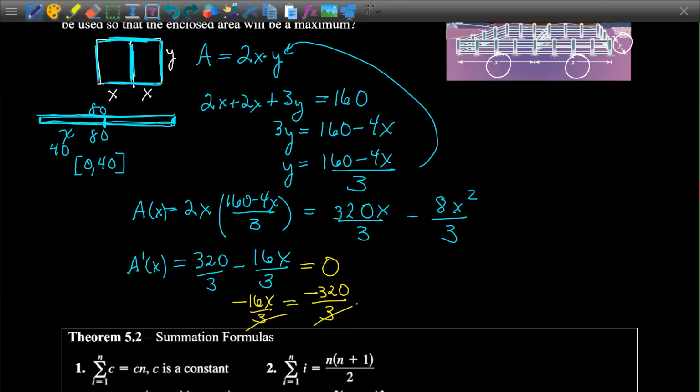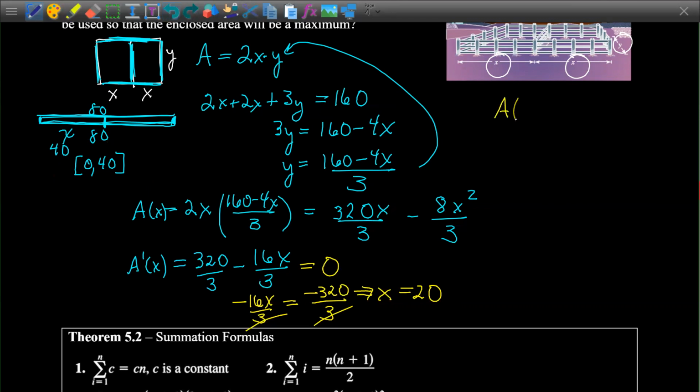So the 3's will cancel and our x is going to be 20. Okay, so we can go through the motions then, this is our critical number. We can evaluate our area at that and our endpoints. But if we found our reasonable domain in such a way that we know the area is going to be 0, we can go ahead and do this anyway.